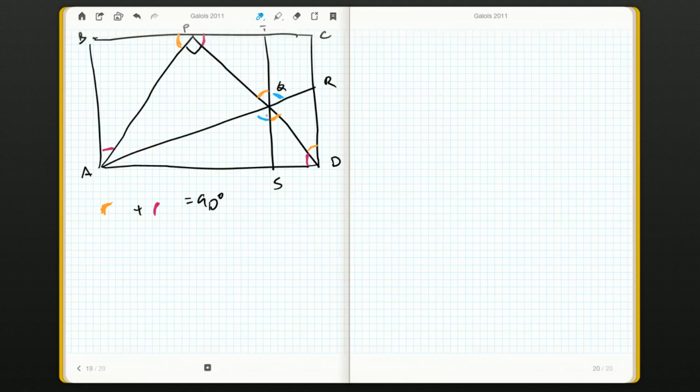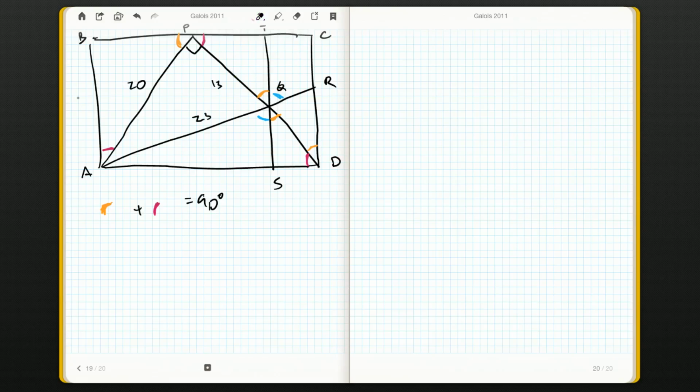This angle here, I think we can just call it the blue angle. You know what? We have actually a ton of similar triangles, because this one here is a 3-4-5 triangle.